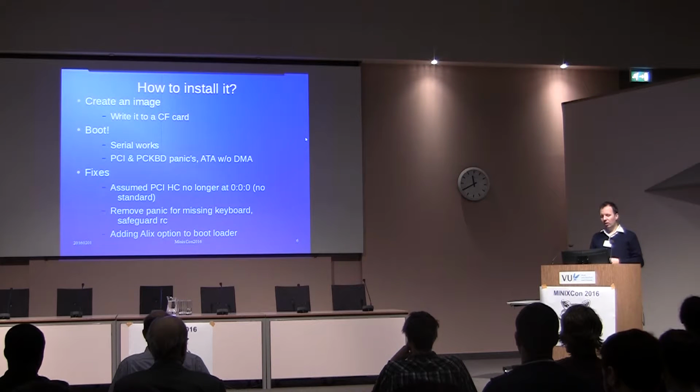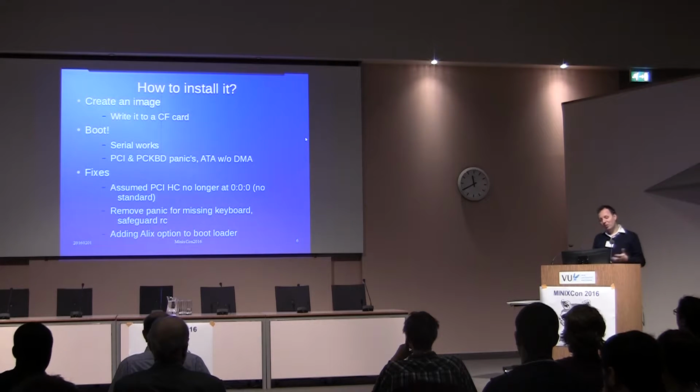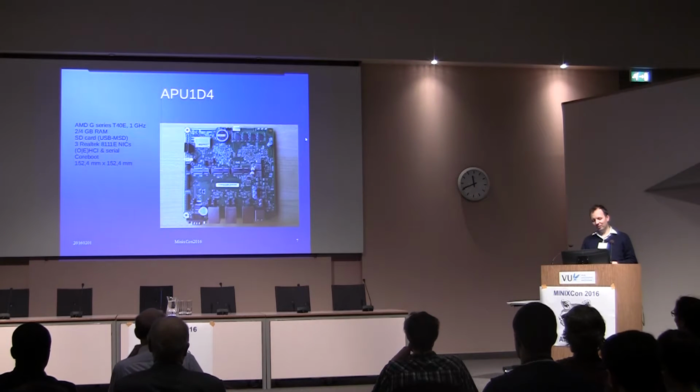The only thing which will not work right now is network, because we do not have a VIA Rhine driver in Minix. But if someone wants to do it, we can talk about donating a board to the guy who tries it. So it's not a matter of cost. It's more about trying out how to make it.